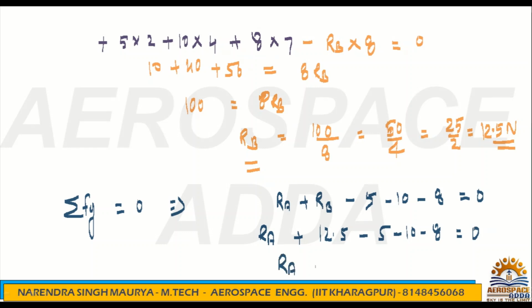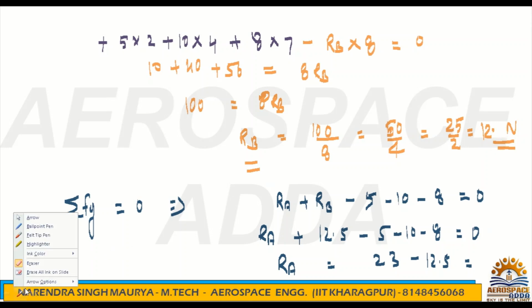If you calculate RA, it's nothing but 23 minus 12.5. So how much will you get? It's 12.25, right? Sorry, it's corrected. This value is 25 by 2, right?